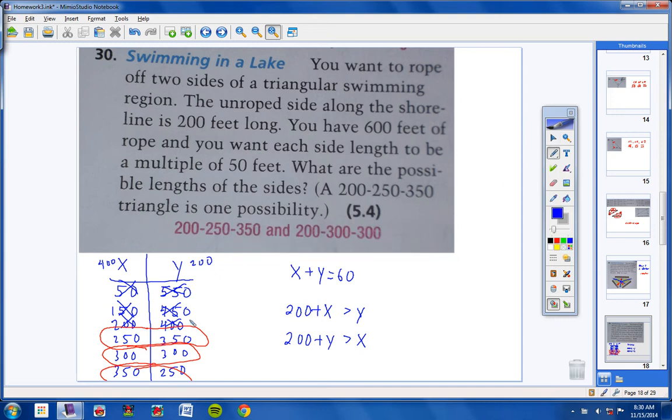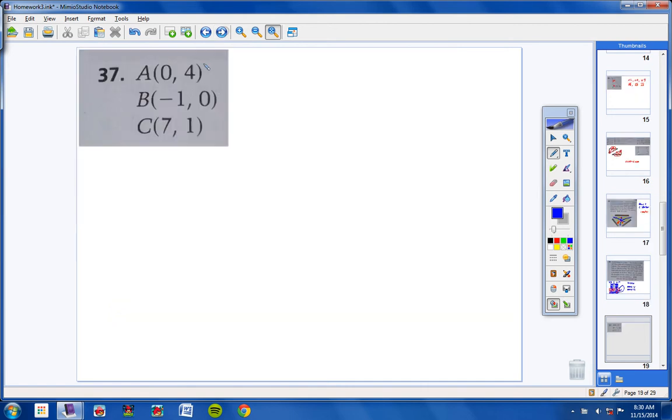We have that answer right here. And then 200, 300, 300. We have that answer right here. And remember, students, this answer right here is the exact same one as this one right up here. Okay, so there we go. Okay, all right, moving on to number 37.